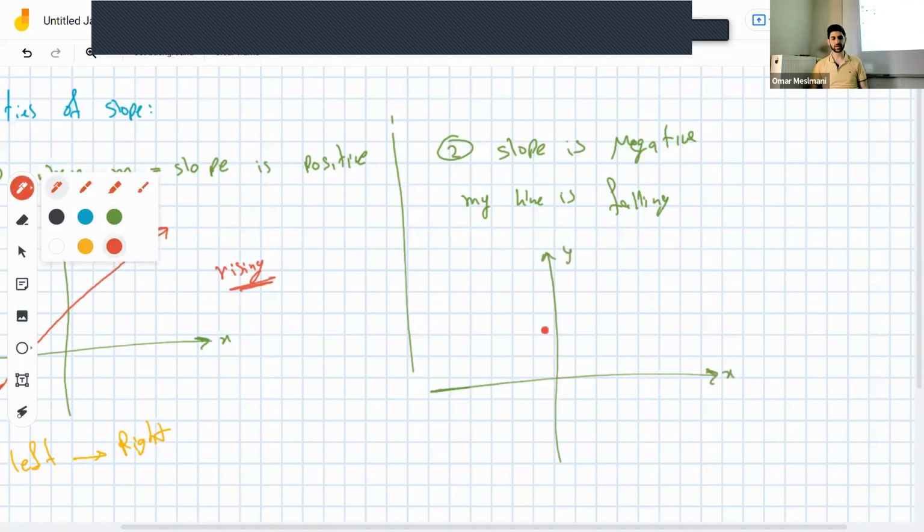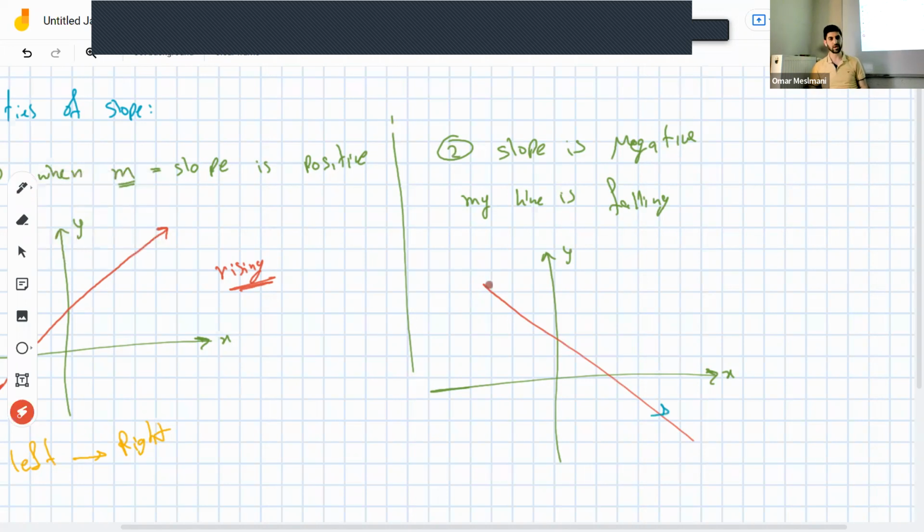So your line, for example, like this. Now I can say that my line is going down. My line is falling. From left to the right, as you see, it's going down. So when the line is falling, it's a negative slope, and when it's rising, it's a positive slope.